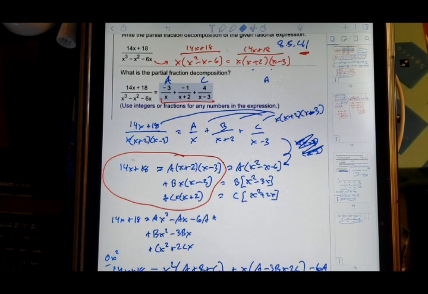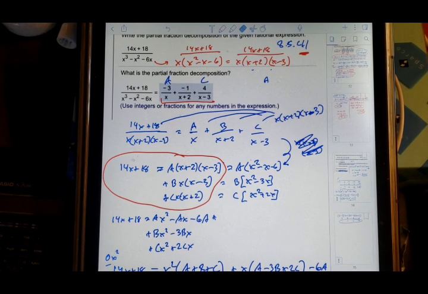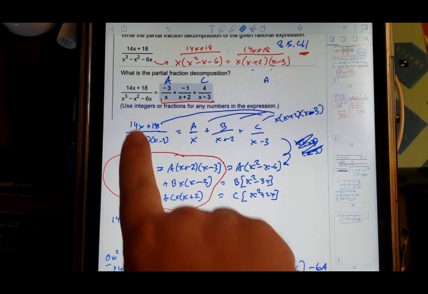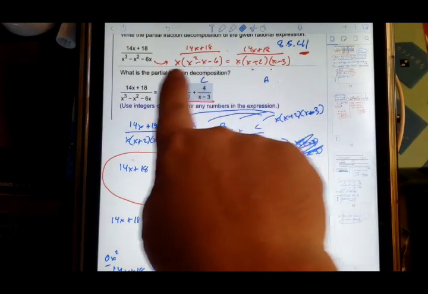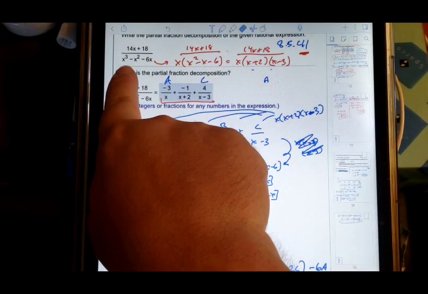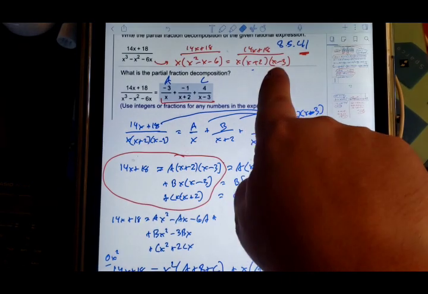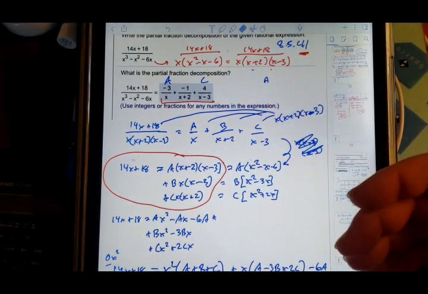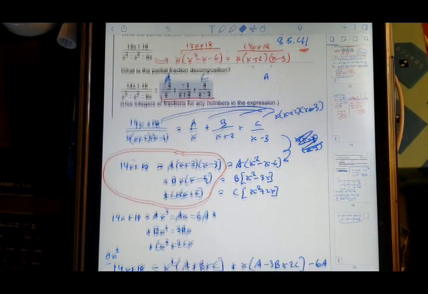So that is a full example that required a little bit more than a typical problem like this. The little bit more was you had to factor it, but at this level, being asked to factor something like this should be something you're ready to do if you have to do it. All right.